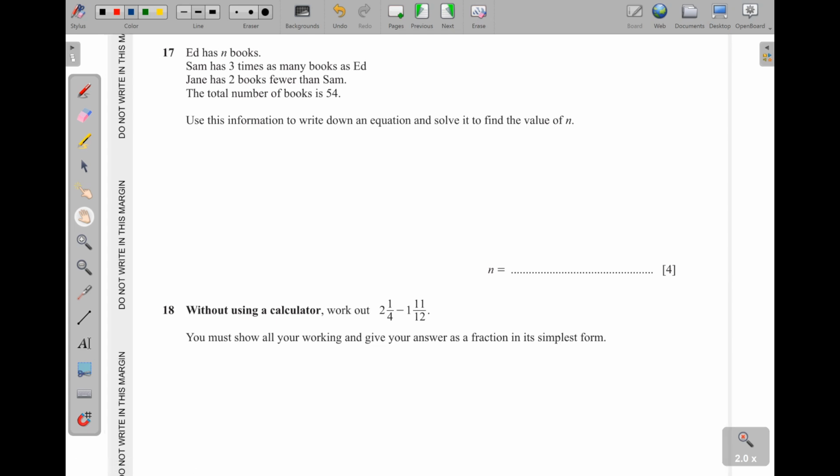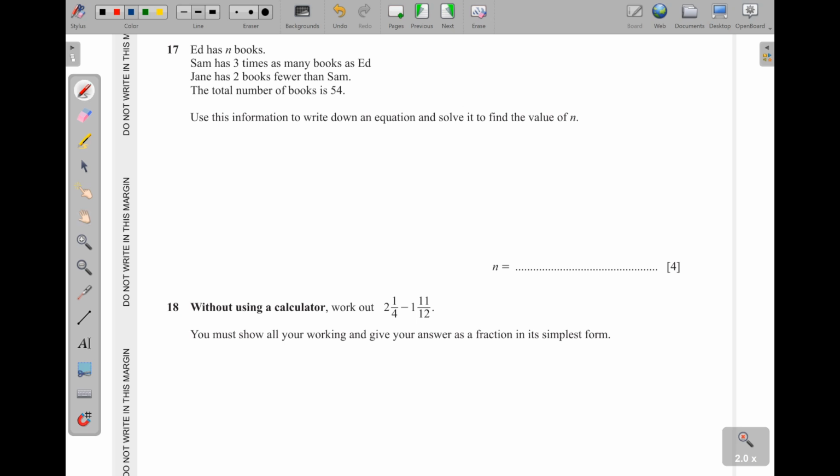So I can extract the information like this. I say Eddie, then I have Sam here, and then I have Jen.